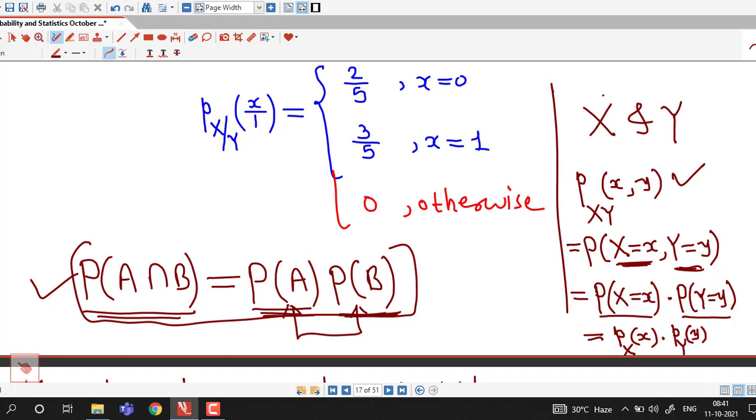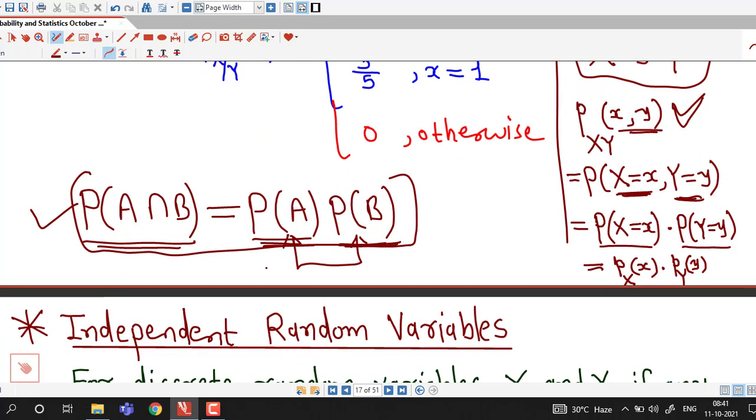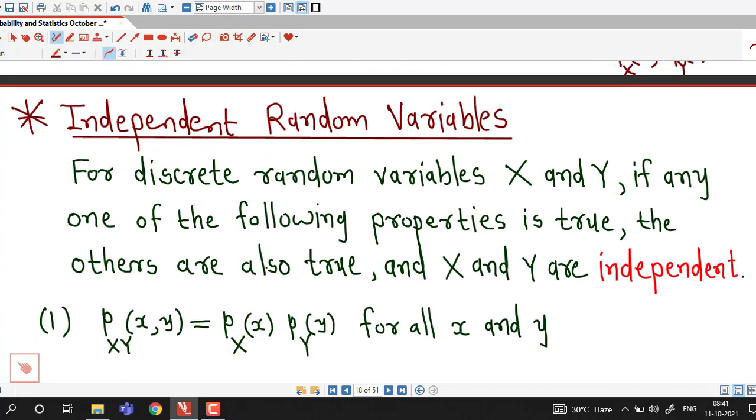So two discrete random variables x and y are independent if the joint PMF at ordered pair xy equals the probability mass function of x at point x times the probability mass function of y at point y. In this way we can define independent random variables.